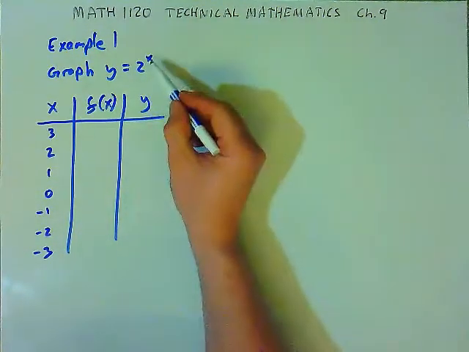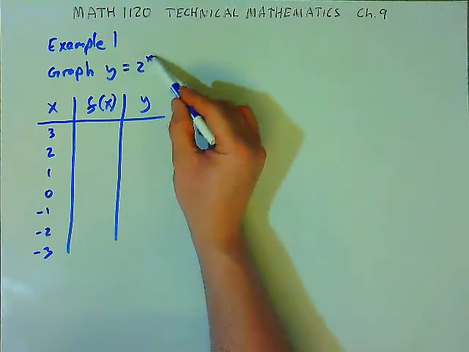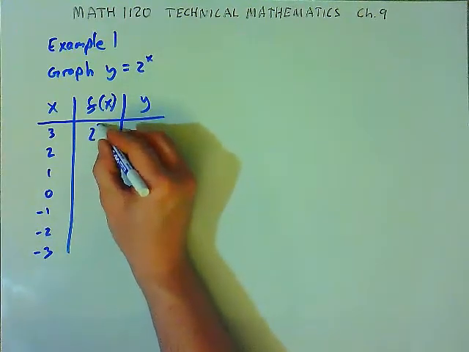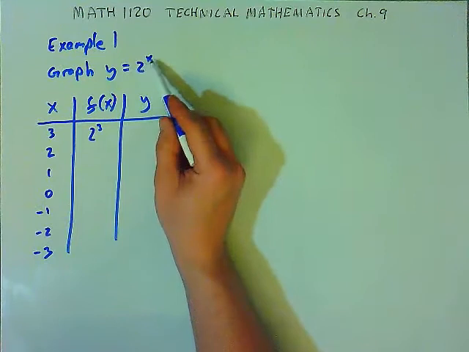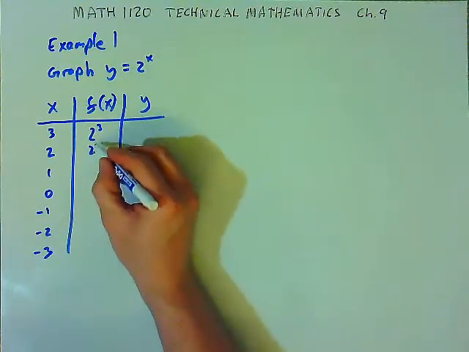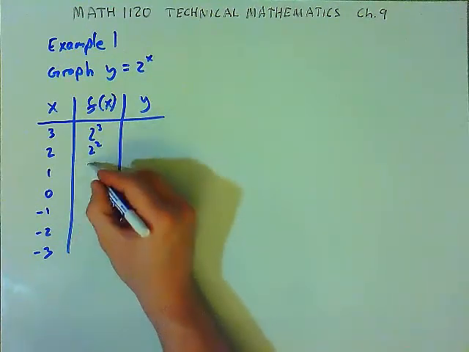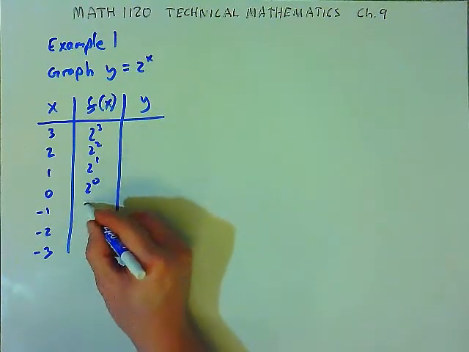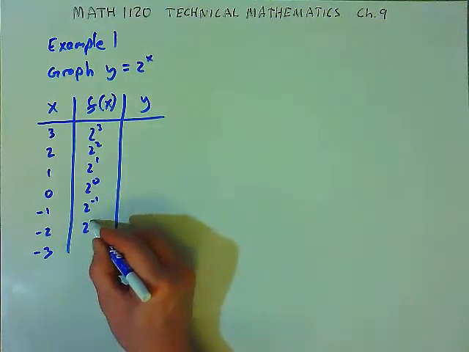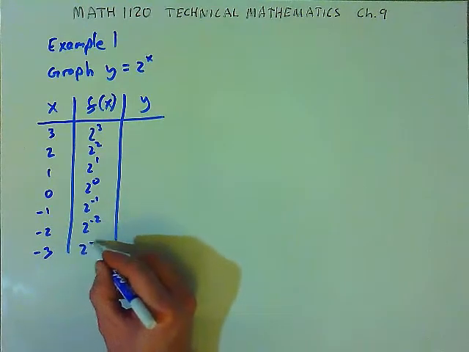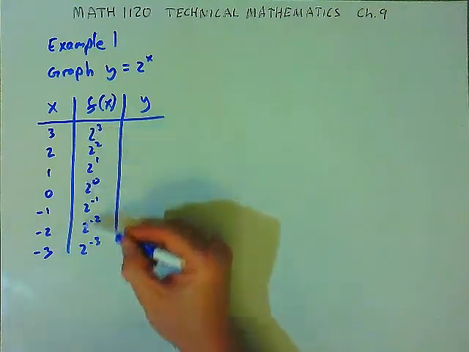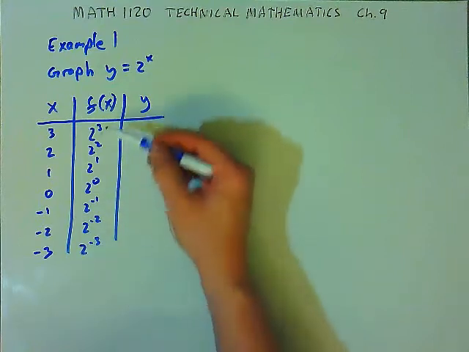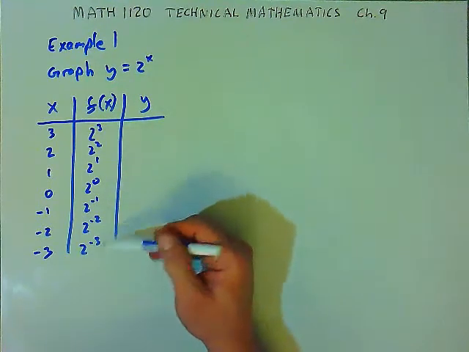If x is 3, we'll have 2 to the third power. If x is 2, we'll have 2 squared. If x is 1, we'll have 2 to the first. If x is 0, we'll have 2 to the 0, 2 to the -1, 2 to the -2, and 2 to the -3. Here the base is always a constant. It's always 2, but it's the exponent that's changing.